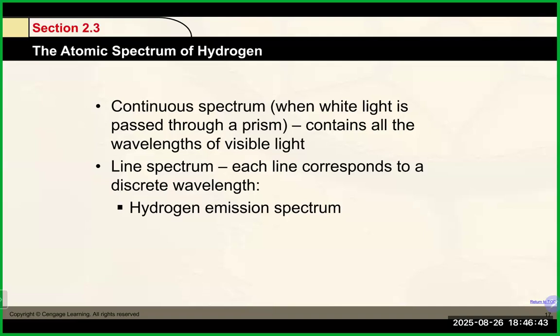Things like the sun, for example, give off a continuous spectrum. Everything just comes out at once. A line spectrum is distinct lines at specific wavelengths that correspond to different electrons transitioning energy levels. So a line spectrum, much like it sounds, is individual lines like you will see today in lab.